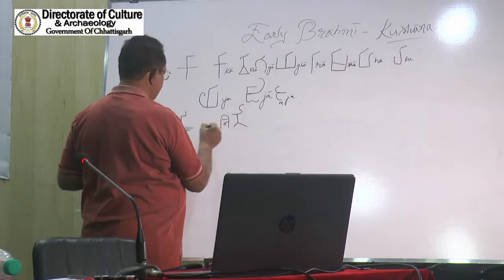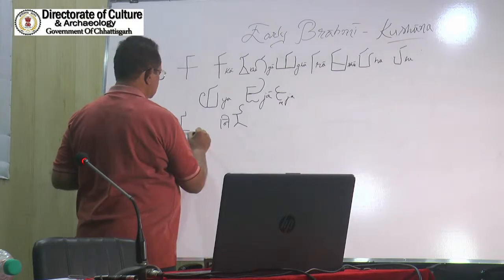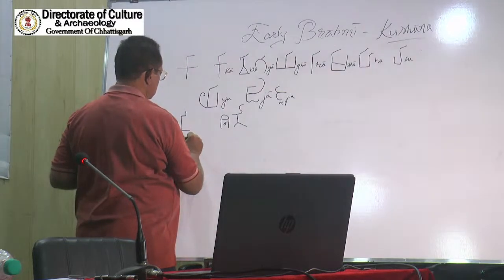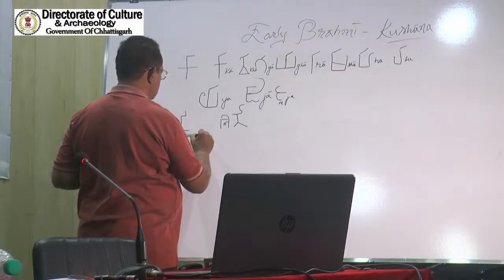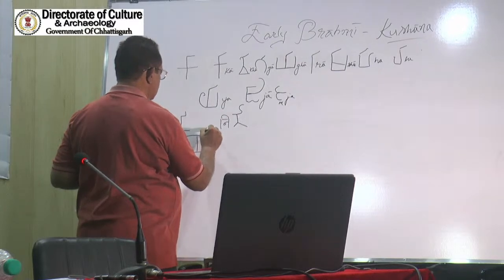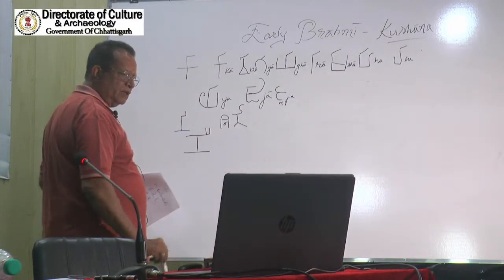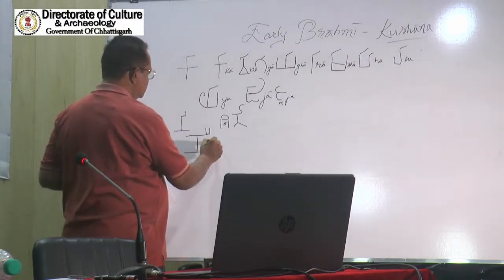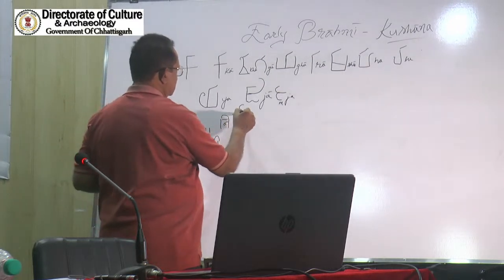This is of course a knee, and knee also, where you find two strokes going up like this. There are no issues with that knee. But here they took a stroke.